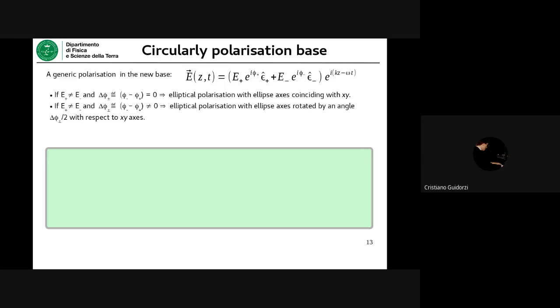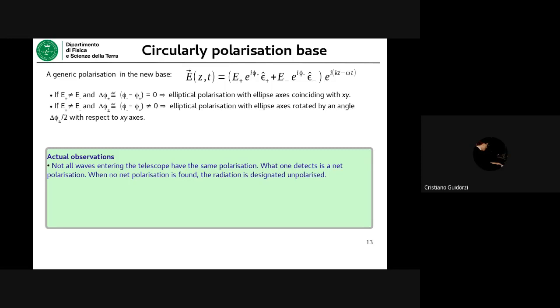You have an elliptical polarization whose axes are not aligned with the x and y axes, and they are rotated, as I wrote here, by delta phi over two. As a matter of fact, this is the ideal case of one single monochromatic wave, which is produced by a single entity, a single atom for example, or by a set of atoms which are emitting coherently, so with a fixed relative phase.